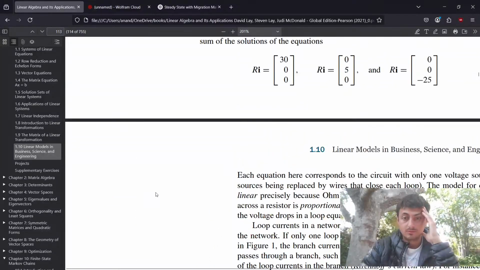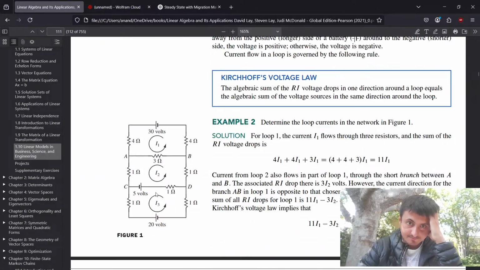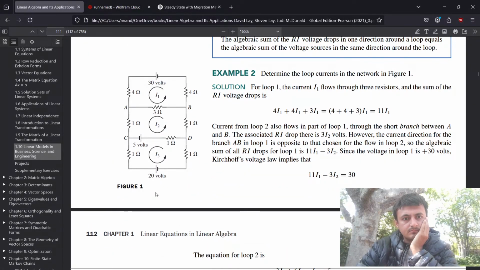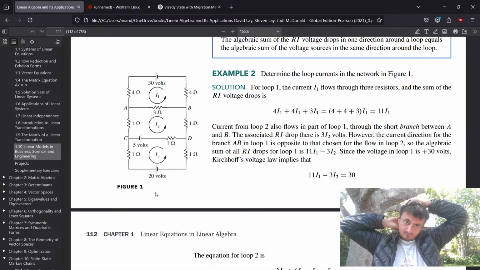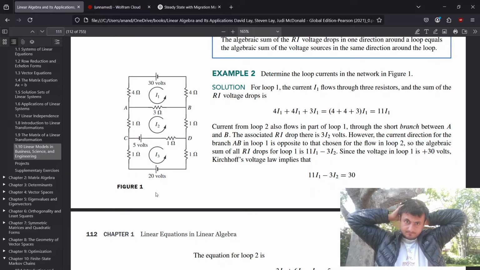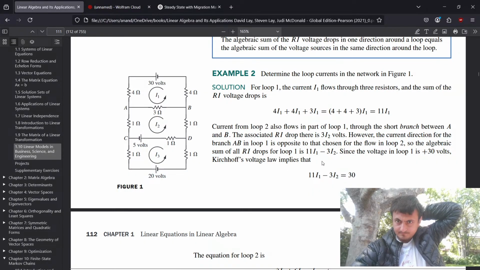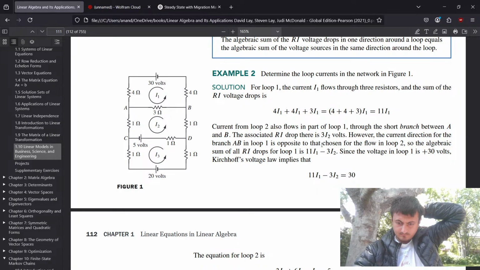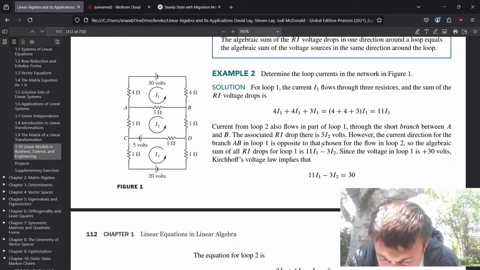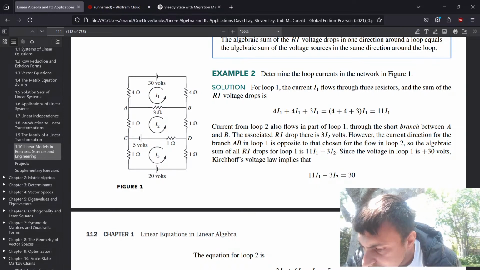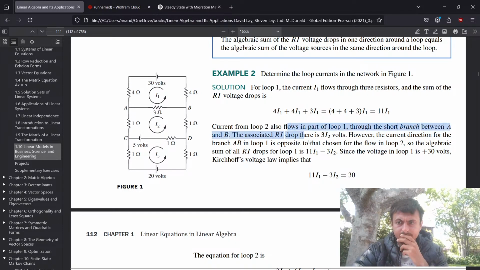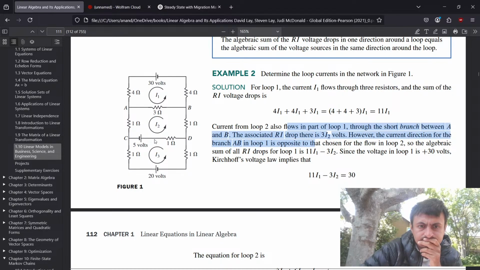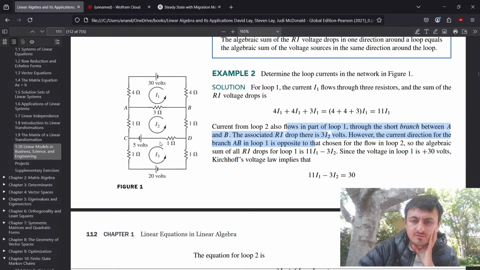Bro, I really don't like these ones. See, that one genuinely looks opposite, though.